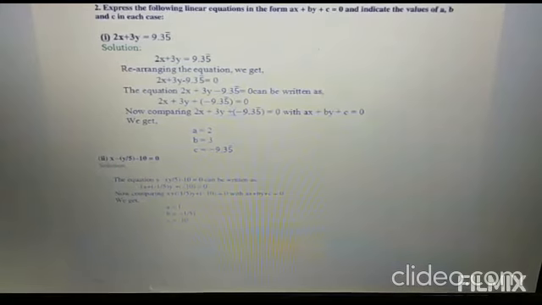So let's move further. They are very easy questions, guys. Now it's written minus 2x plus 3y is equal to 6. Again we will transpose 6 to the left side, and it would become minus 2x plus 3y minus 6.